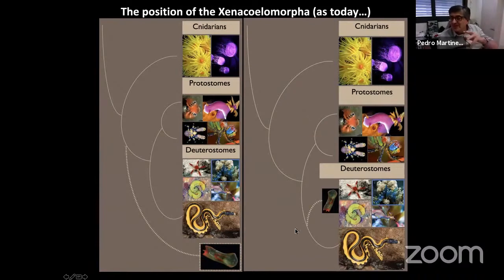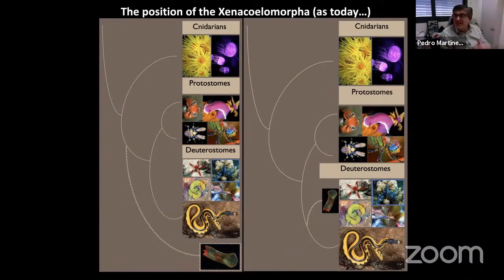So it would be like a deuterostomian group. But for now, let's imagine, as many people think, that the left topology best represents the position of Xenacoelomorphs. As you can see, being basal or being the group sister to the remaining ones should be good proxies of how an ancestral bilaterian group may have looked.